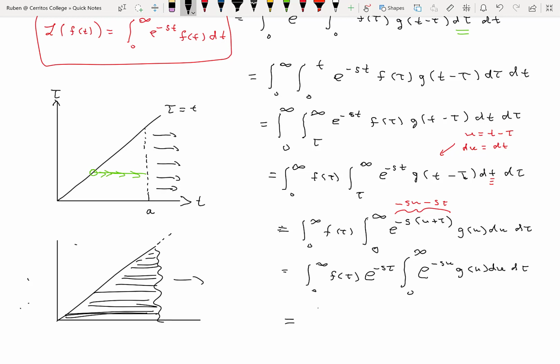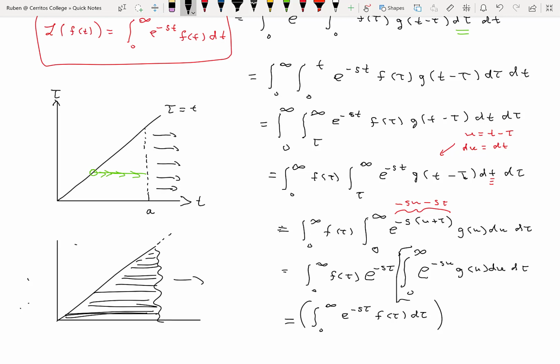So I can rewrite this as the integral from 0 to infinity. I'm going to write the e to the minus s tau f of tau d tau first, and factor out that innermost integral.